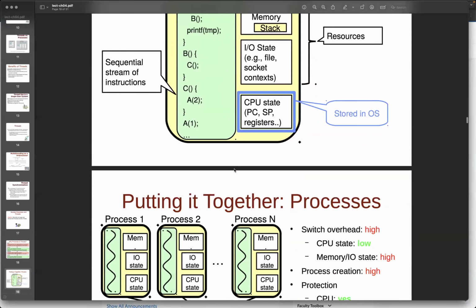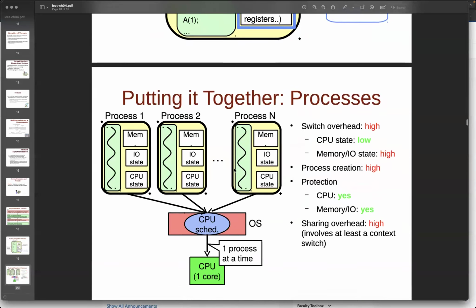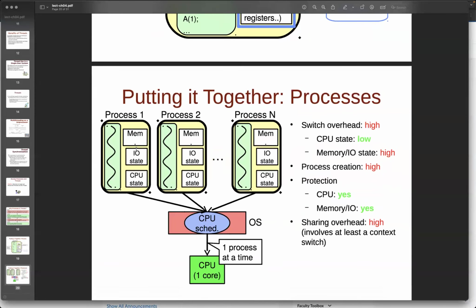When you look at it, this one is a structure, and then we have multiple processes, or just think of them as multiple applications, from 1 to n. And then the OS will be doing the scheduling. So the CPU schedules, and every time we send one process at a time to the CPU.